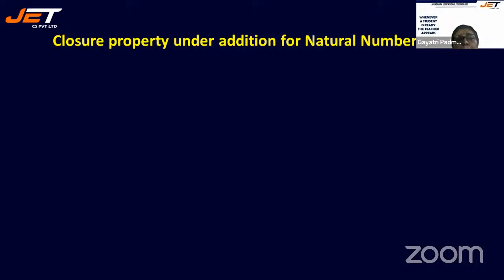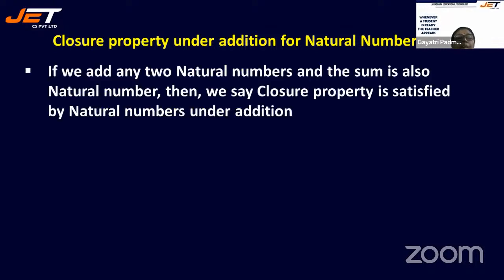Closure property under addition for natural numbers. What is it? It is the closure property under addition for natural numbers. If we add any two natural numbers and the sum is also a natural number, obviously because all are natural numbers, isn't it?